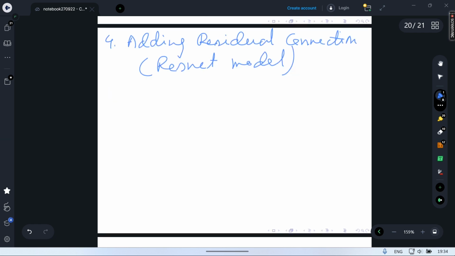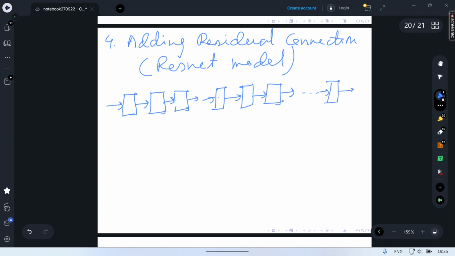To explain, let us first consider a very deep neural network, which has many layers, one after another. Now, as we have seen, if the number of layers increases, there might be a vanishing and exploding gradient problem.